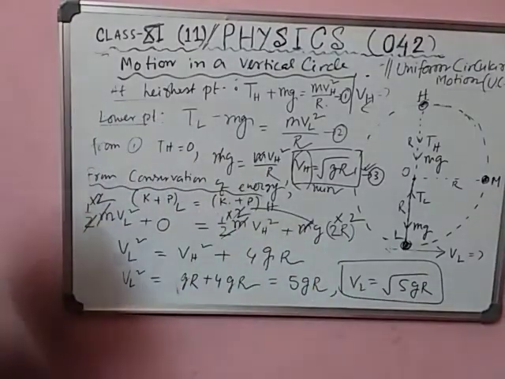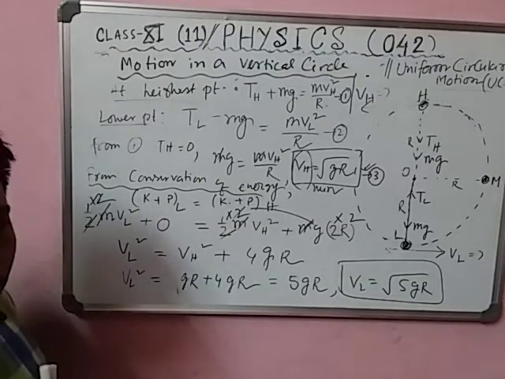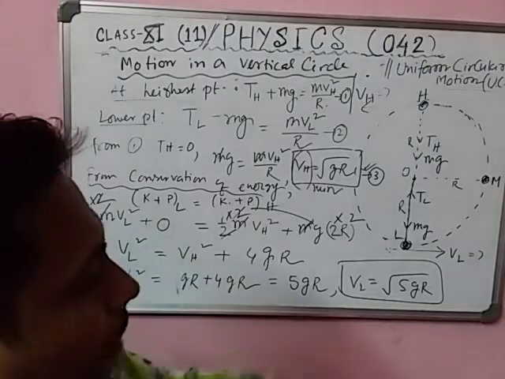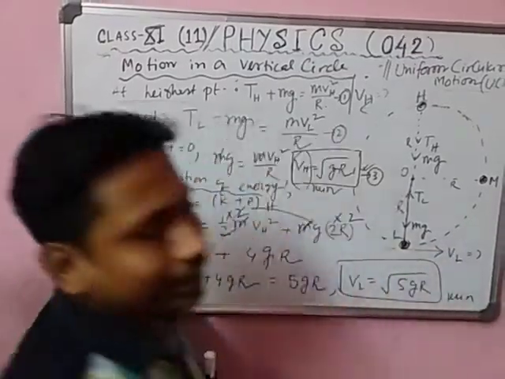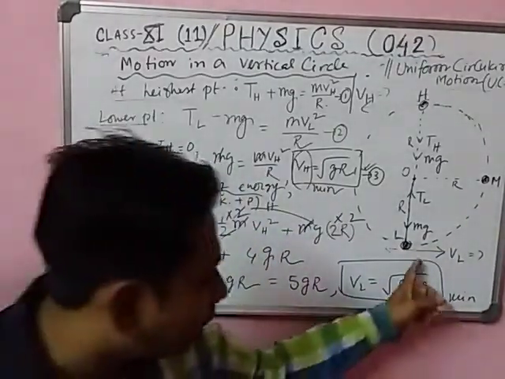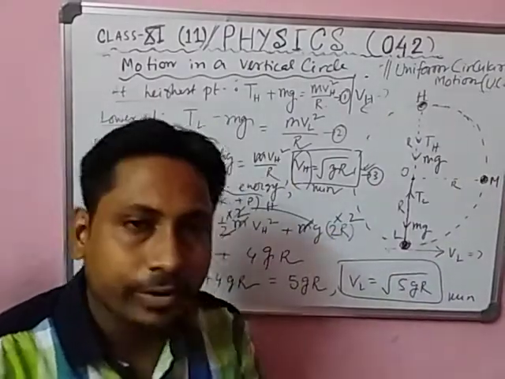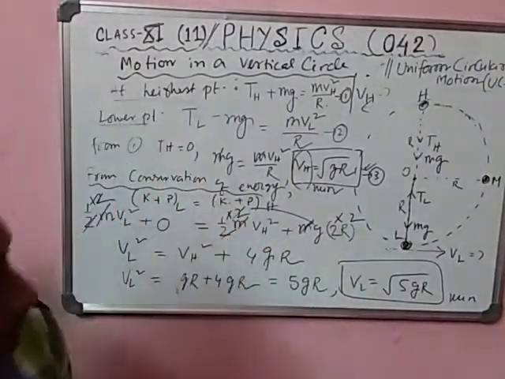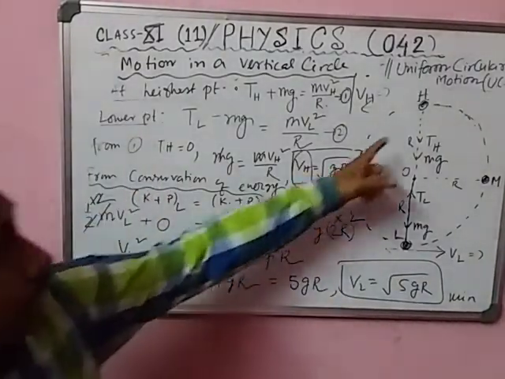Please copy it. Sometimes in a short question there is also a very important question: write the lower point minimum velocity. This is the minimum velocity at the lower point. Find the minimum velocity at the lower point so that the body can make circular motion. Then you will write that at the lower point the velocity must be greater than root over 5gr, because this is the point of virgin.